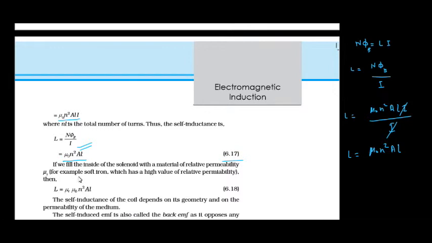If we fill the inside of the solenoid with a material of relative permeability mu r, for example soft iron, which has a very high relative permeability, then L is equal to mu r mu naught n square A l, that is 6.18.